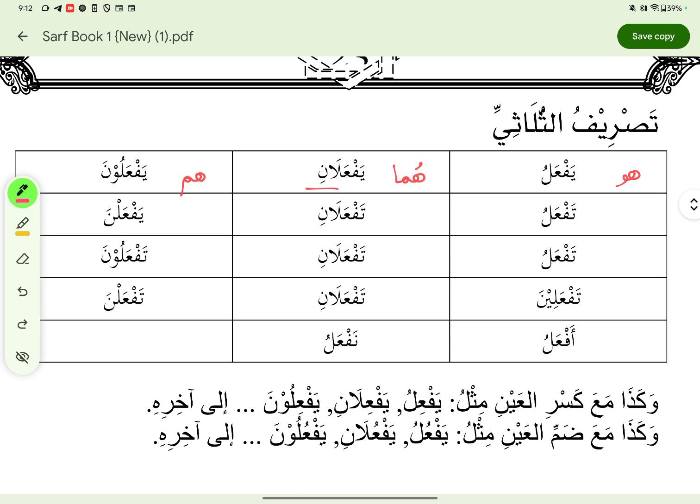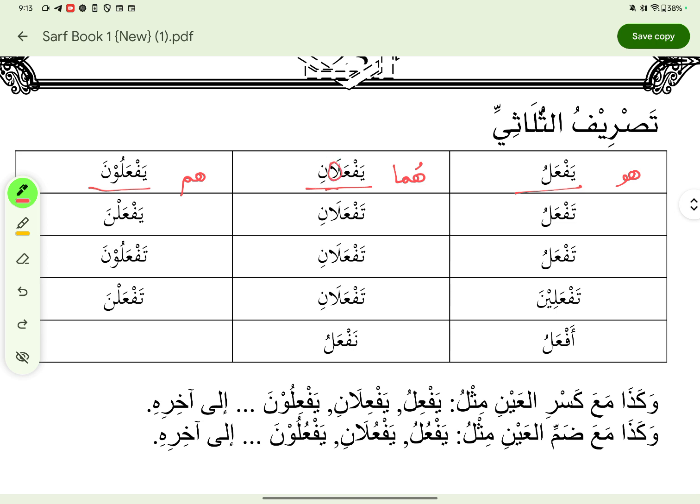We have yaf'alu, the first one, yaf'alani, the second, and yaf'aluna, the third. If you'll notice, the waw and nun in yaf'aluna signify plural. This waw is waw jama'a; the waw in particular signifies the plural.